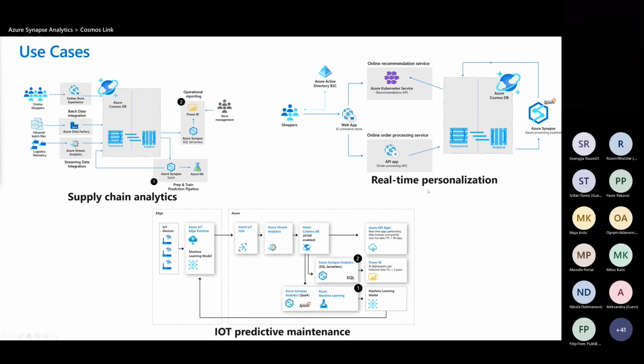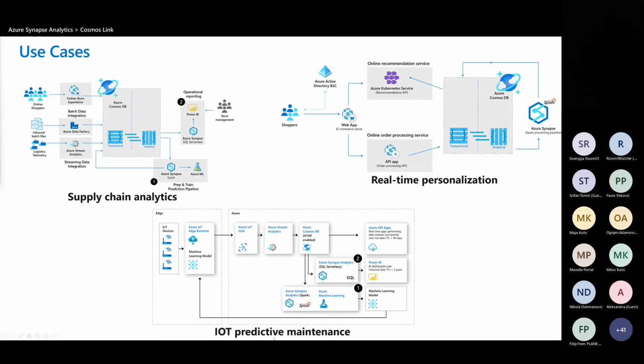Another example, real-time personalization. You have e-commerce applications, and you want to provide online real-time recommendations based on shopping patterns. You can do that using Synapse Link as well. You pull order processing data into Cosmos DB using Synapse Link, use Spark processing pipelines to process the data and run analytics, and then send online recommendations in real time to your e-commerce shoppers, right?